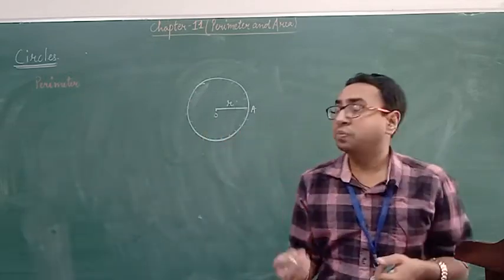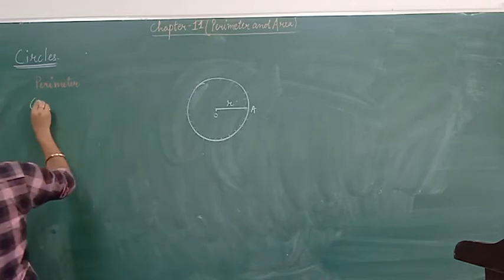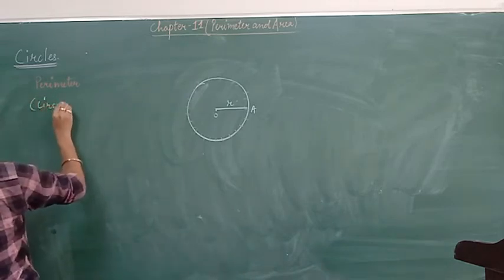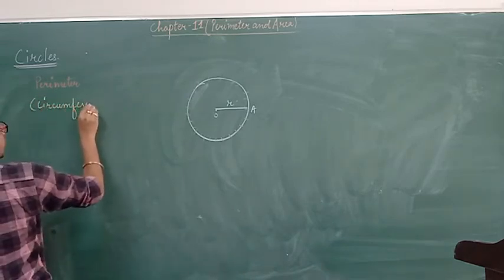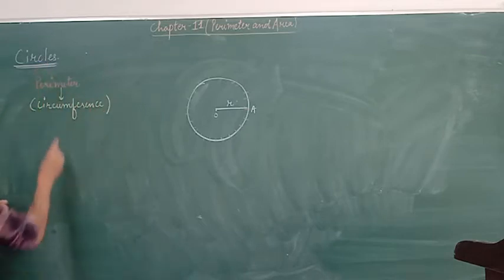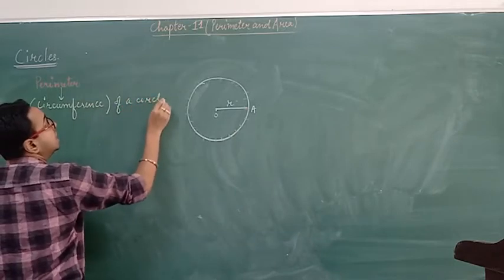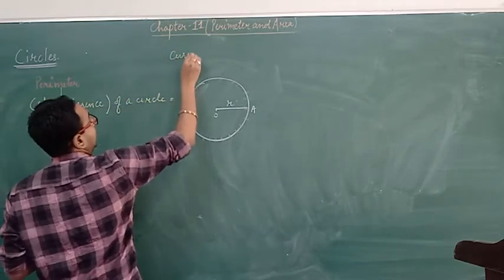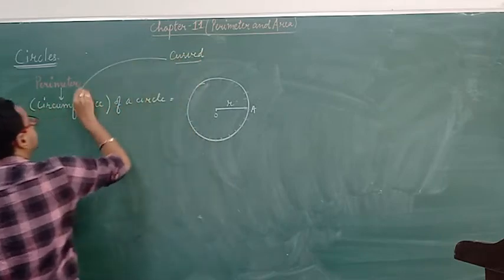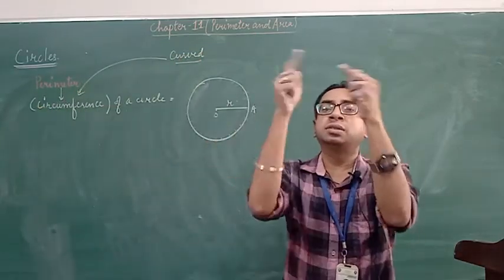So what will we do? We will not call it perimeter. We will call it circumference. Hence, the perimeter of a circle is known as the circumference of a circle. Why circum? Because it is a curved figure. That is why the name circumference came. Circumference means you are covering the circle.